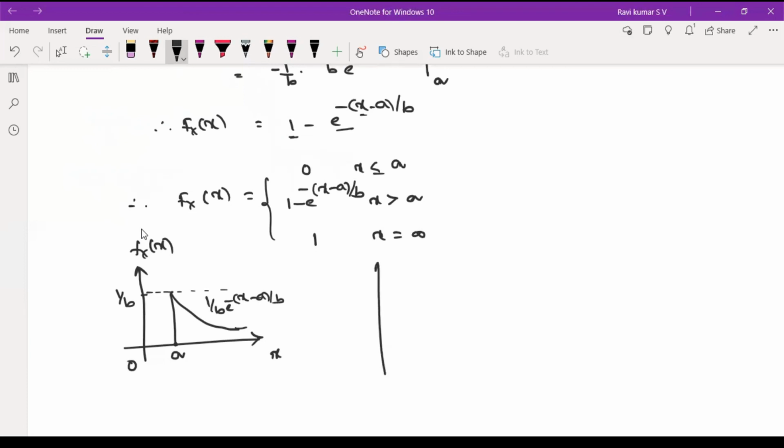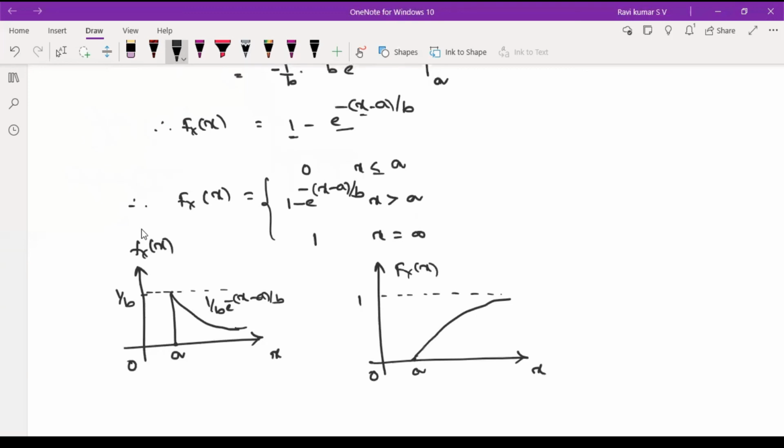So now I am drawing the exponential distribution function. So again, as per the given conditions, the maximum value is 1 and the minimum value is 0 from x is equal to a. So it is starting like this, and slowly it reaches 1 at infinity, as per the given conditions.